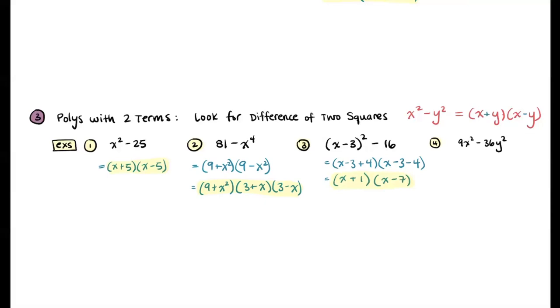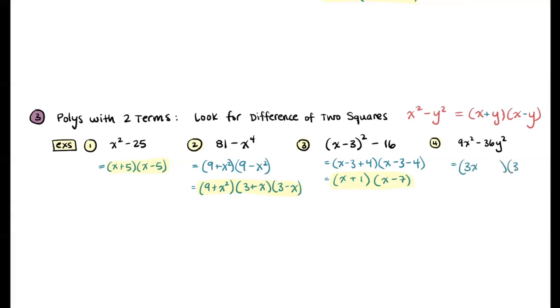Okay, last one here. We've got 9x squared minus 36y squared. Okay, 9 and 36 are also perfect squares. So we have 9x squared. This is really (3x) squared.